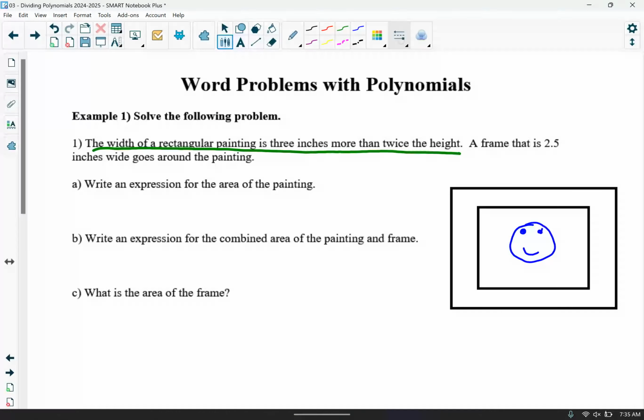So this is where we're kind of going with let statements here, and I'm just going to model it in the picture. So that would mean our height of our painting is x. The width is 3 inches more than twice the height. So that would be 2x plus 3 for our actual painting.